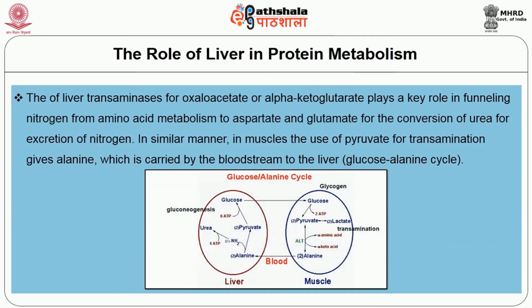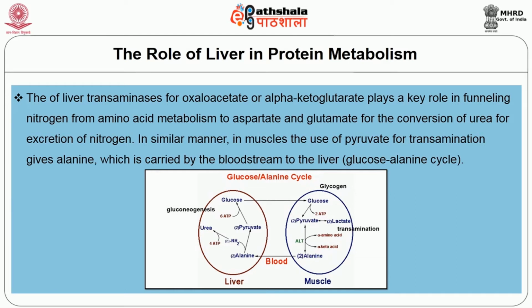The liver transaminases for oxaloacetate or alpha-ketoglutarate play a key role in funneling nitrogen from amino acid metabolism to aspartate and glutamate for the conversion to urea for excretion of nitrogen.